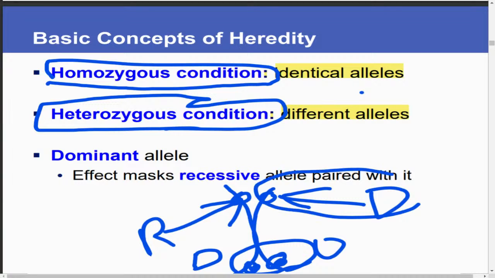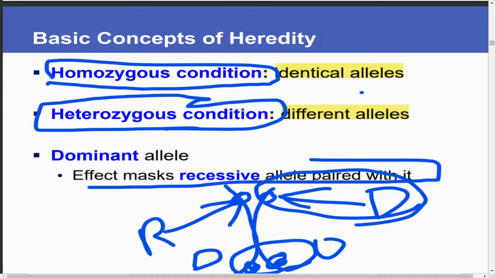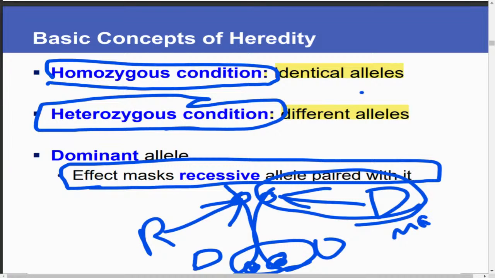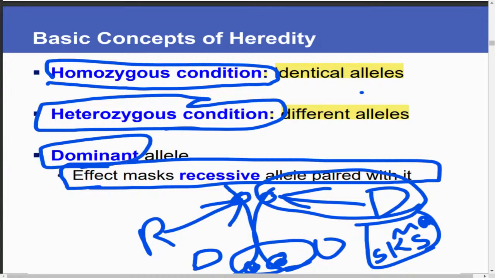And of course the dominant allele will mask the recessive allele paired with it. So the dominant will stay and the recessive will be masked.